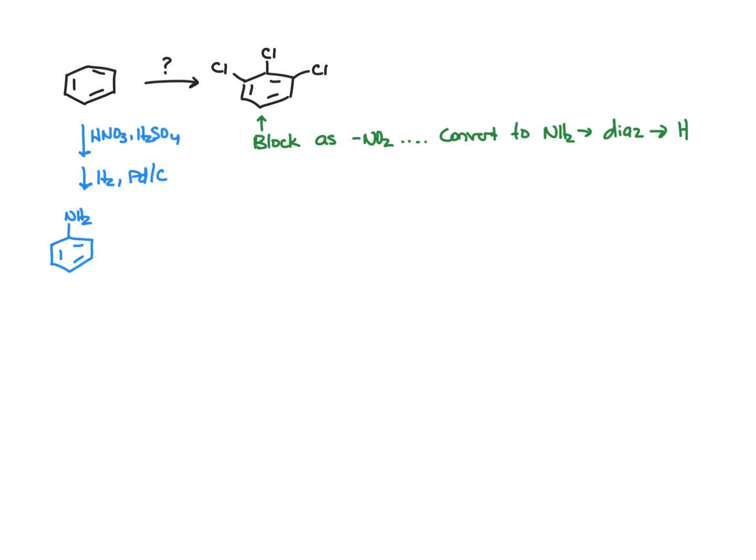So we're going to take advantage now of our bulky amide group. Let's install that. Now, this bulky amide group blocks the ortho positions, so that will allow us to nitrate at the para position.